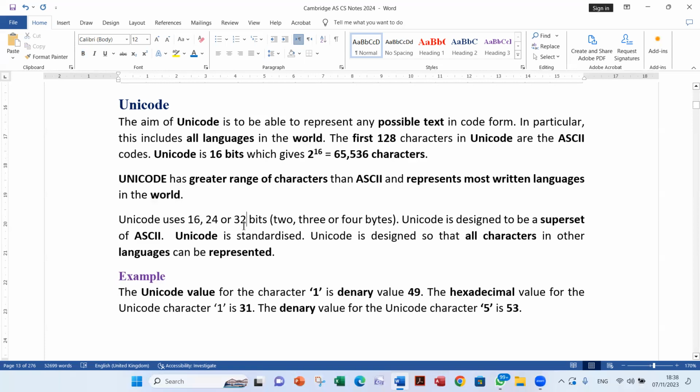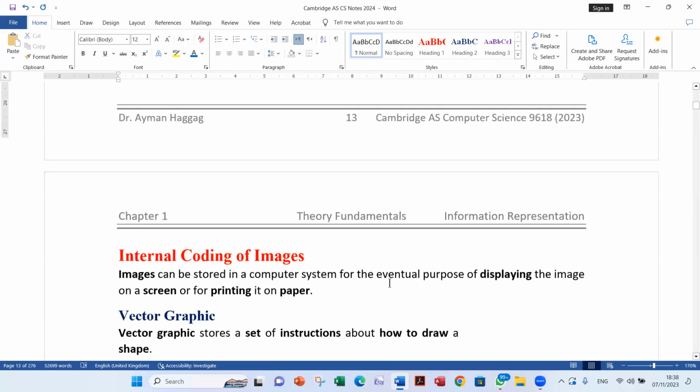That was once in an exam. Unicode may use 16 bits, may use 24, may use 32, but I would like to restrict it to 16 bits. Okay, Unicode is designed to be a superset of ASCII. Unicode is standardized. Now it is adopted by all the world. Unicode is designed so that all characters in other languages can be represented.